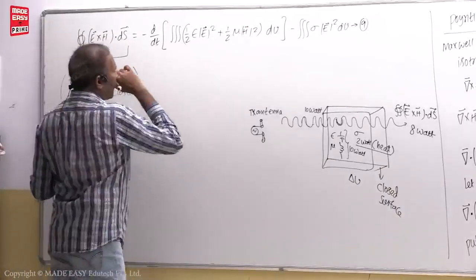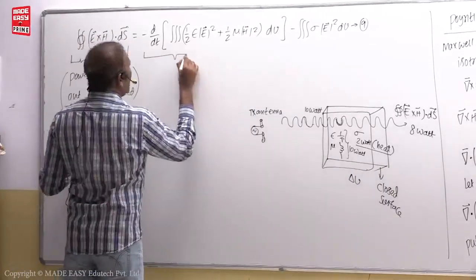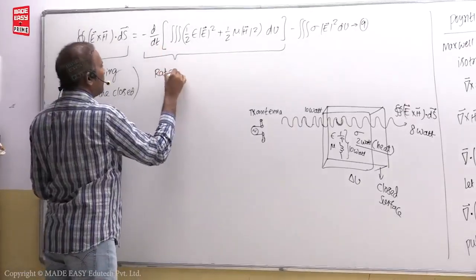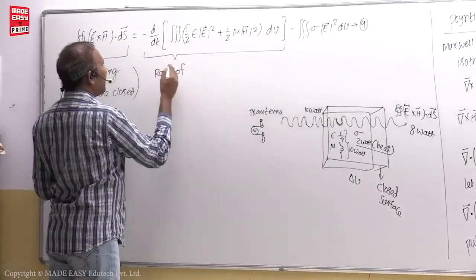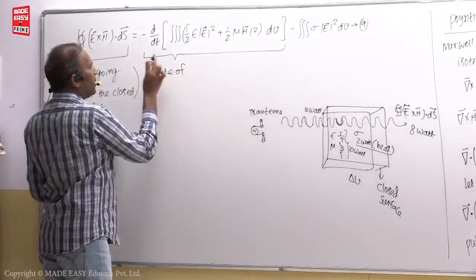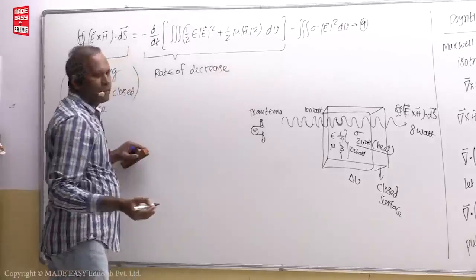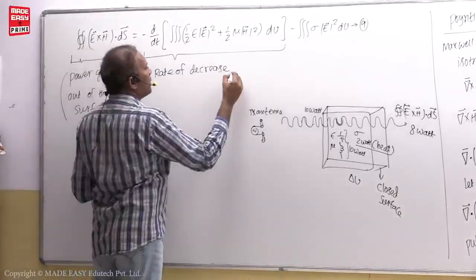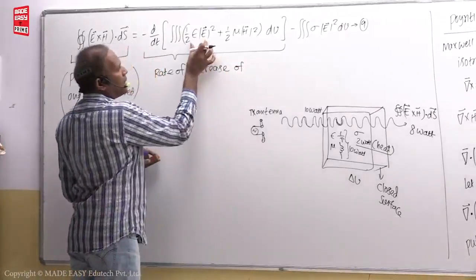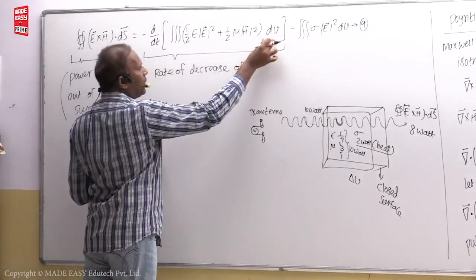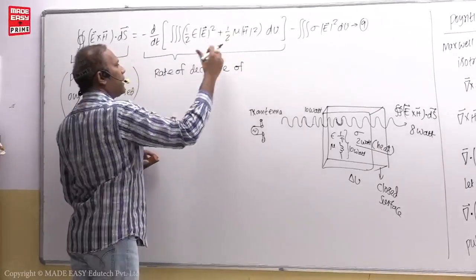So now how do you write this? d by dt means rate of. Minus means decrease of. This is electric energy density, this is magnetic energy density, multiplied with volume. Then you get electric energy and magnetic energy.